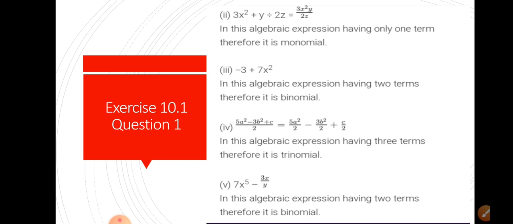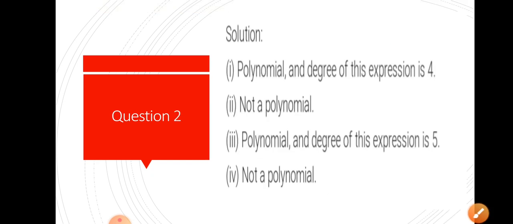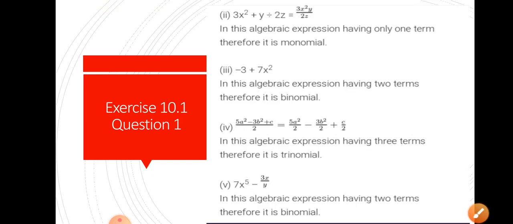Trinomials have three terms. 3x square y divided by 2z we can write as 3x square y upon 2z. Therefore, we can say that in this algebraic expression there is only one term. Therefore, it will be a monomial.